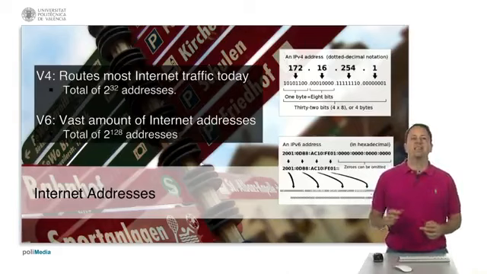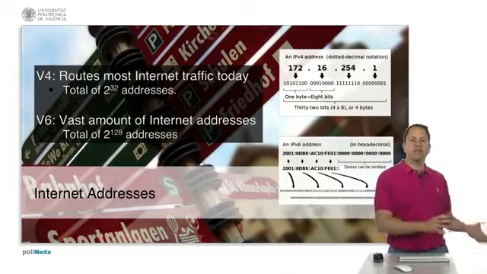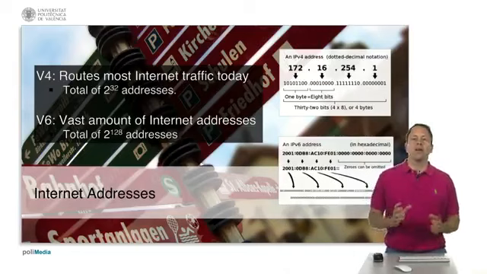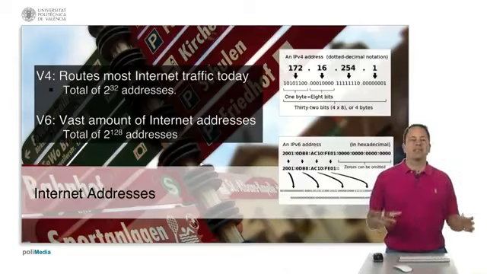IETF, the Internet Engineering Task Force, formalized a successor protocol that was called IPv6, that instead of 32 bits uses 128 bits, so it allows for 2 to the power of 128, that is more than 7.9 times 10 to the power of 28 times the addresses IPv4 had.